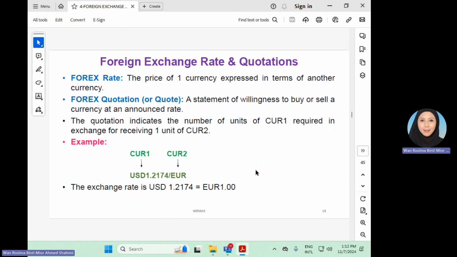So in the examination, if I ask you to calculate the percentage difference from the perspective of the numerator, then I'm asking about the percentage change of USD. If I ask the opposite, the percentage change from the denominator currency perspective, I'm asking the percentage of euro.